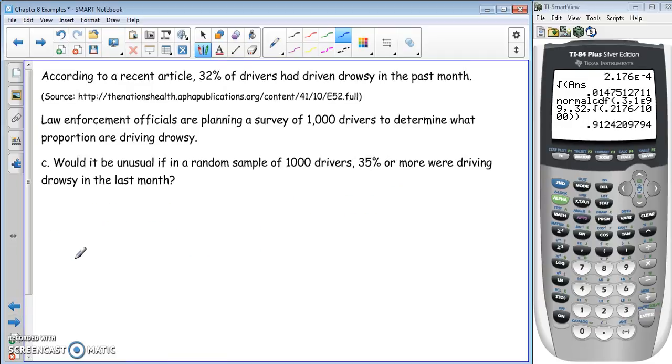We want to know, would it be unusual if in a random sample of 1,000 drivers, 35% or more were driving drowsy in the last month? So we're looking at the probability that p-hat is greater than or equal to 0.35.